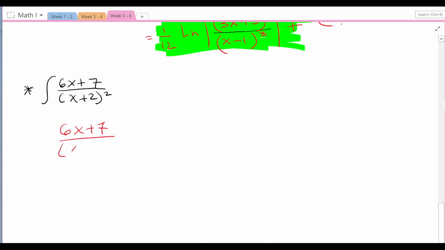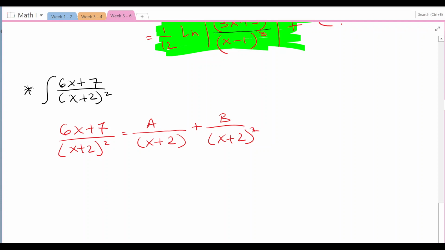Over x plus 2 squared, we try to decompose it into, as before, the first one, since this is a repeated factor, a over x plus 2, plus b over the second factor, x plus 2 squared.